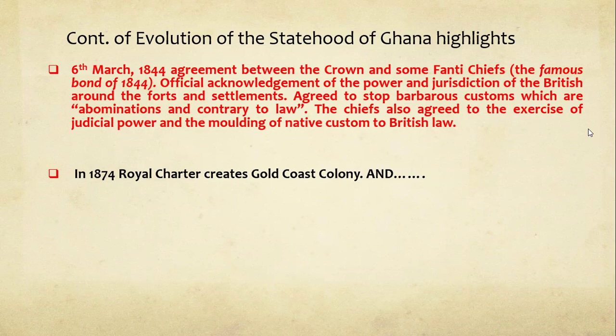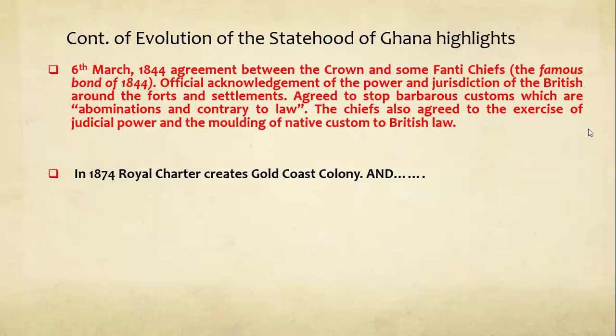So, if you look at the Bond of 1844, you notice that it was an attempt to bring some legitimacy to what the colonial administration had been doing, and also to try and discourage the traditional authorities from certain harmful practices, including just handing down the death penalty on, let's say, people not through what the colonizers call their due process.